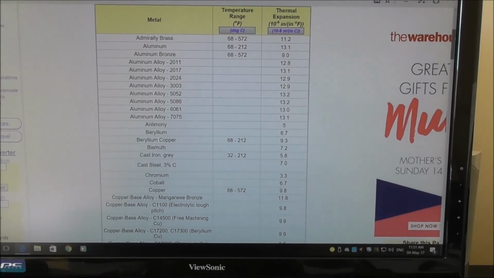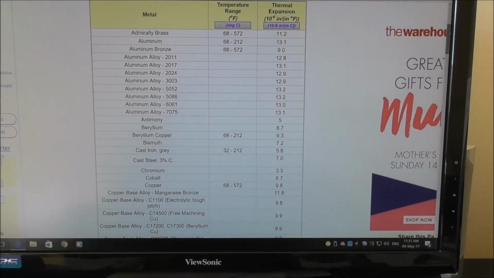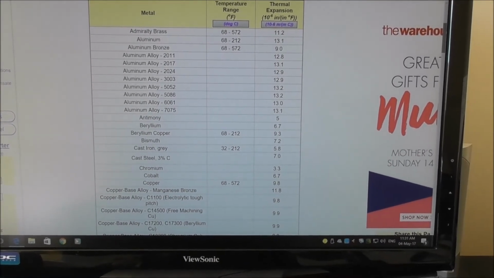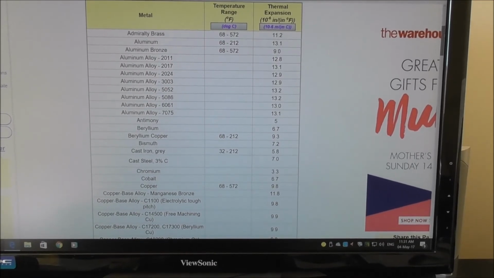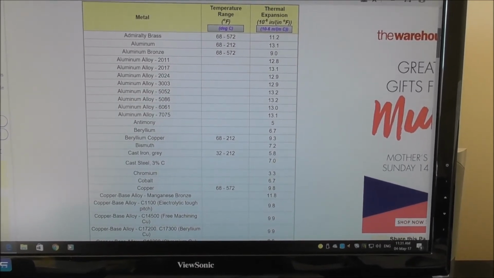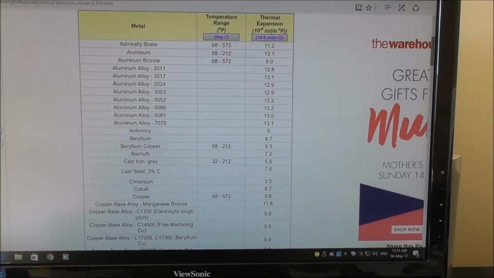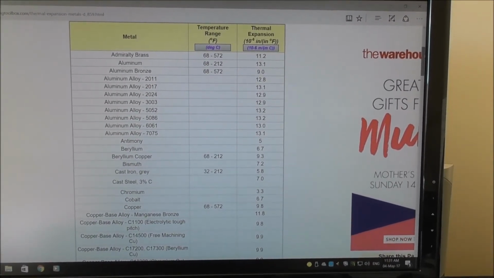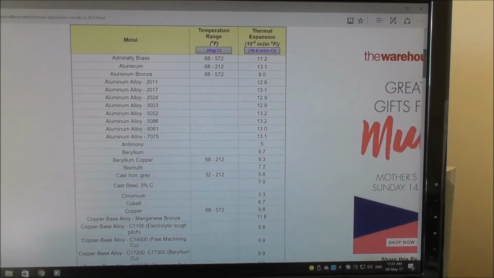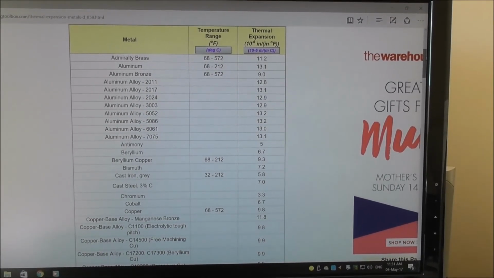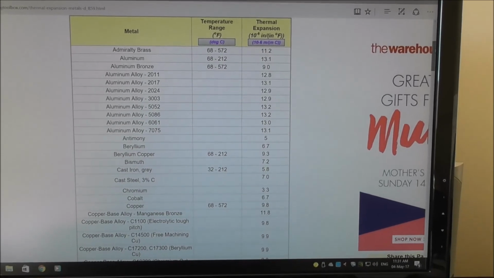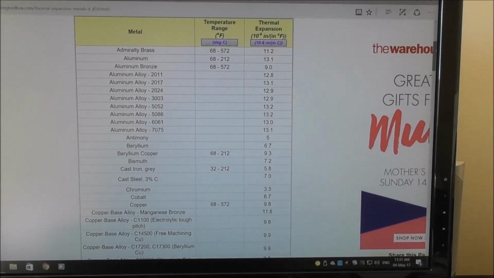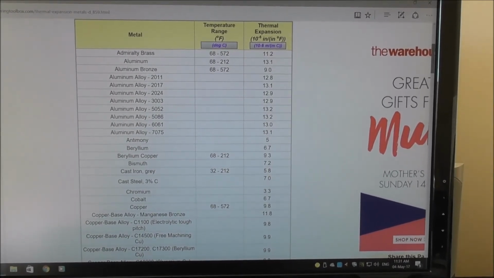In cast iron grey it's 5.8. So you can see there it's a lot less. Cast iron is a lot less than aluminium. So that's a real price you pay for having a lightweight rapid turn headstock that's easier to lift. I don't know, I think I'd rather have it a little bit heavier and have it more thermally stable.